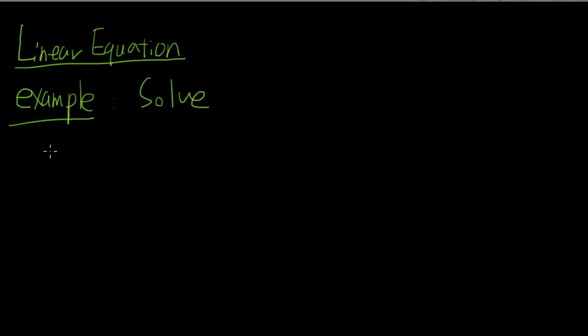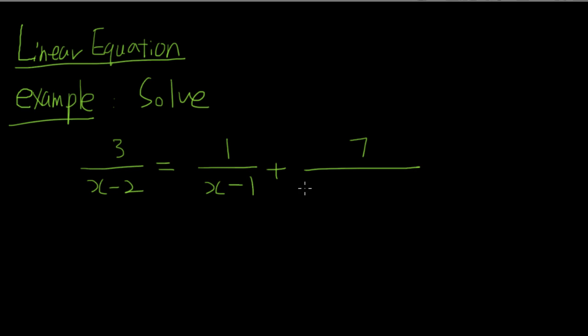So let's try 3 over x minus 2 equal 1 over x minus 1 plus 7 over x minus 1 times x minus 2. Let's say we have something like this.